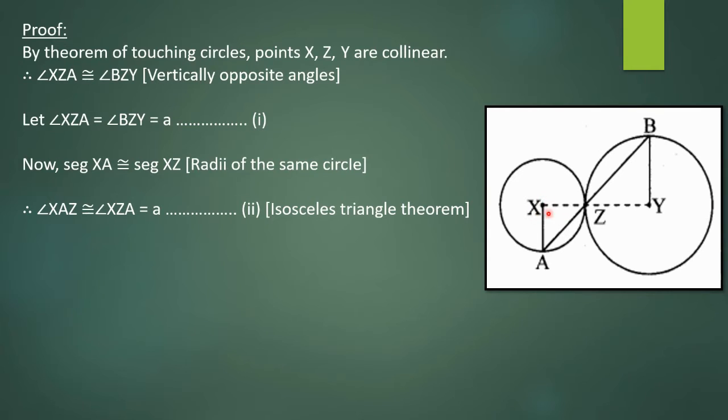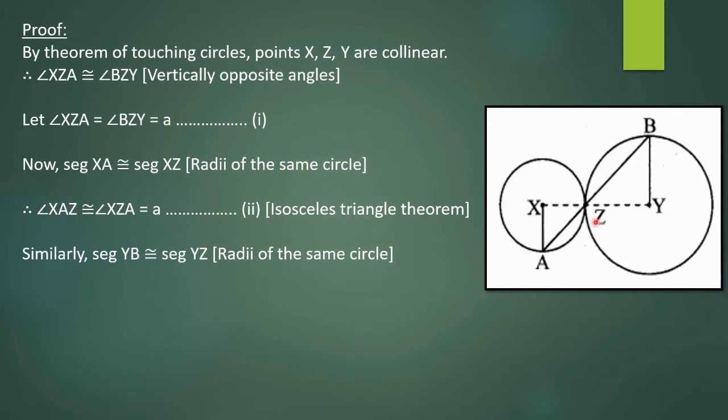So since side XA is congruent to XZ, their angles will also be congruent to each other. And we have said that angle XZA is A. So angle XAZ will also be A, or we can also say by the isosceles triangle theorem. We'll call this equation 2.